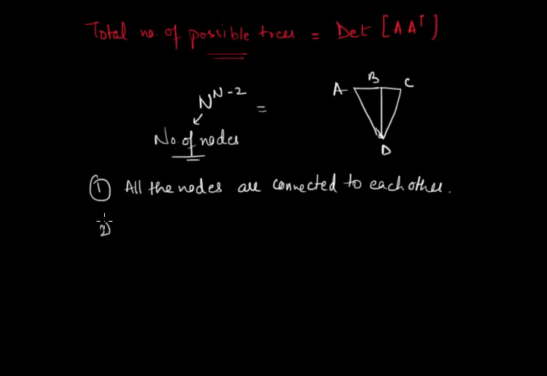These are the two conditions which must be fulfilled to apply this formula. The second condition is that no repeated branch should be present. Say by chance the network is like this.